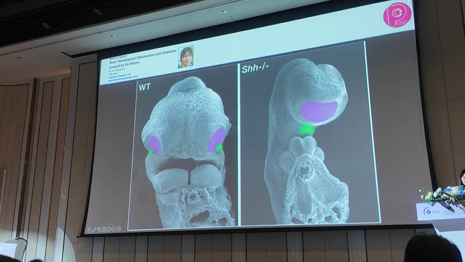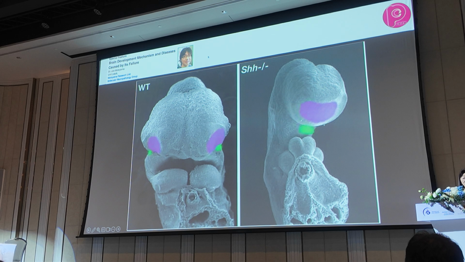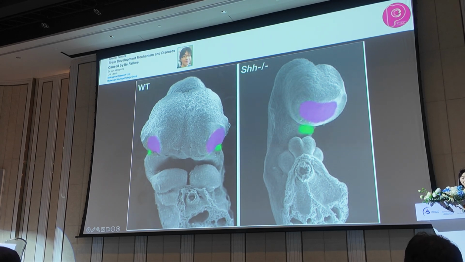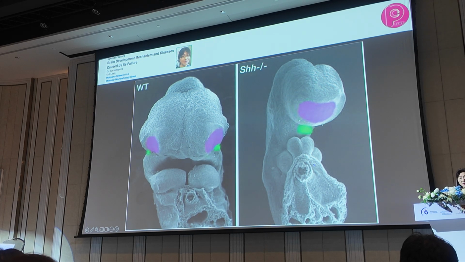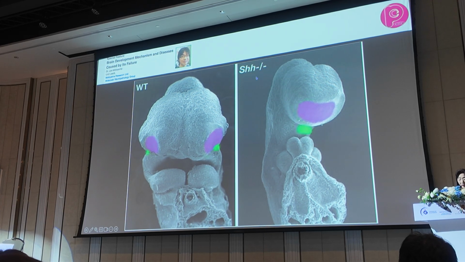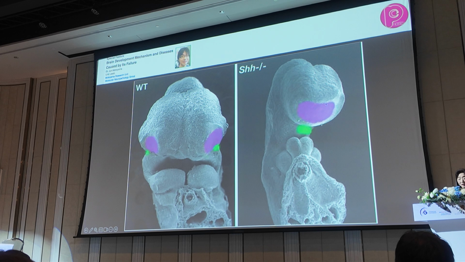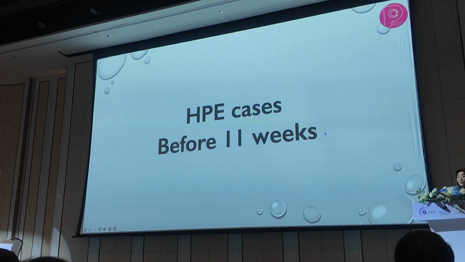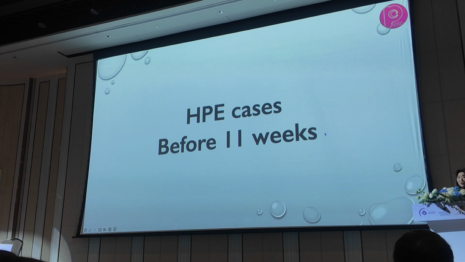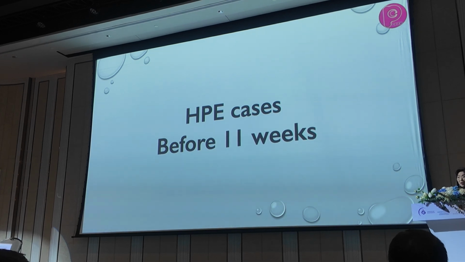Now, this is a very interesting experimental study by a Japanese colleague. This is a wild type, this is normal, and this is a knockout mouse of sonic hedgehog, and you can see this is holoprosencephaly.